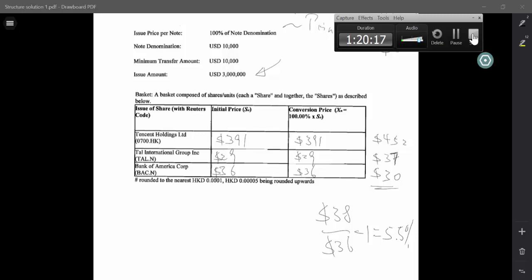If two baskets have the same price, normally I will choose the more diversified one because it has a lower risk.